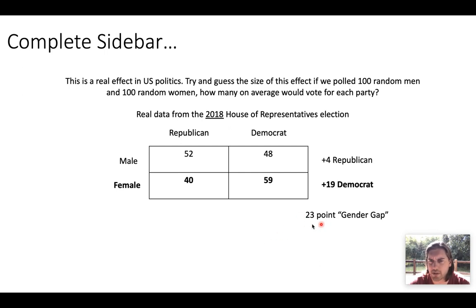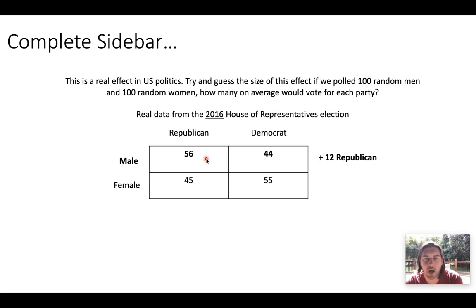And it's relatively consistent, as we can see in 2016, if we go back to the House of Representatives election. A similar pattern for men, albeit more strongly Republican, plus 12 Republican for men. And a similar pattern for women, although less strongly Democratic. 2016 was a presidential election year.